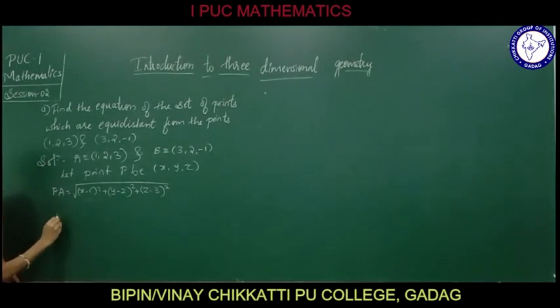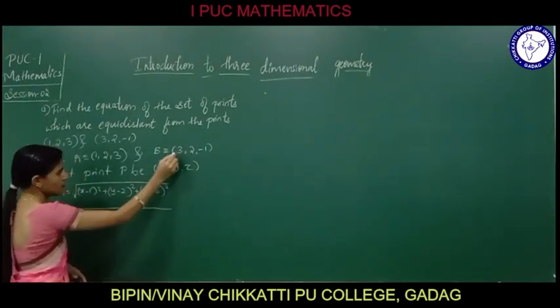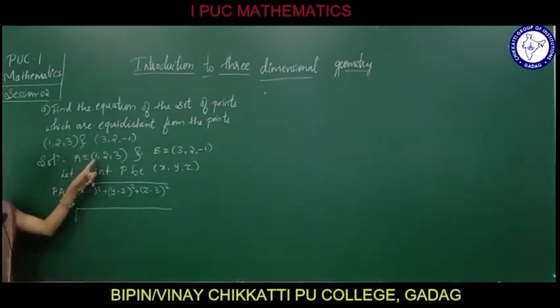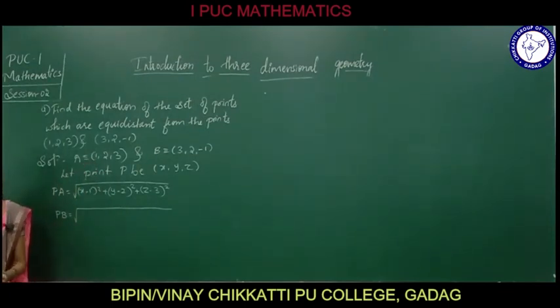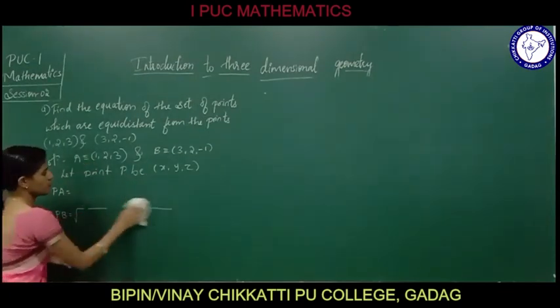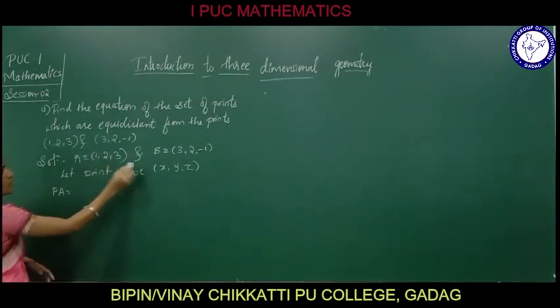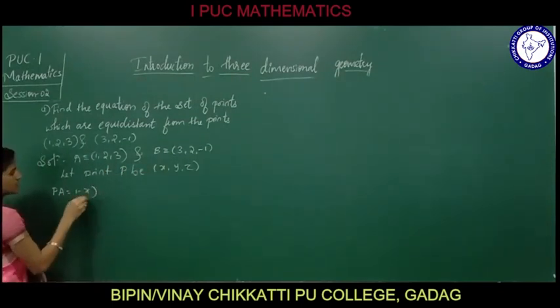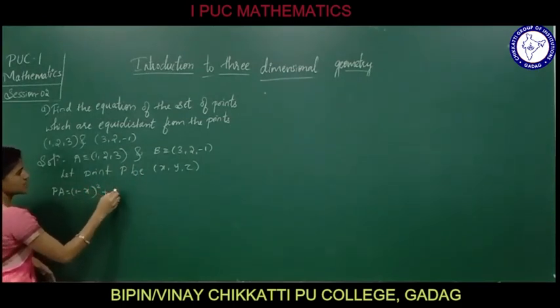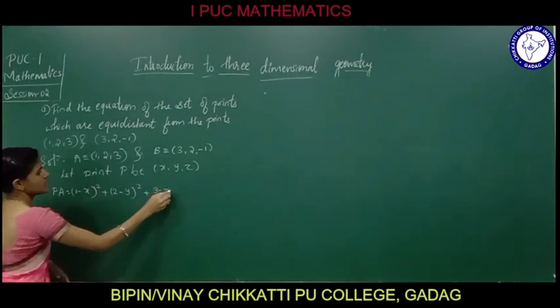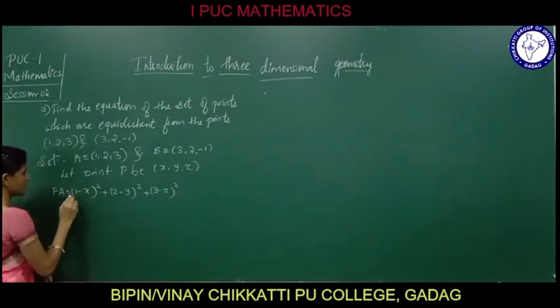The same way, what about PB? We considered it the wrong way round, so PA is the root of 1 minus x whole square plus 2 minus y whole square plus 3 minus z whole square.